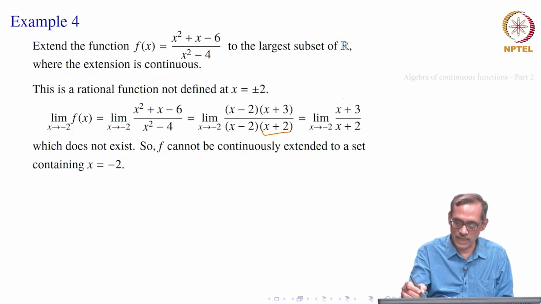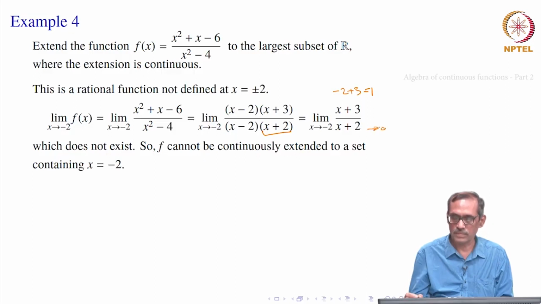So, we see that as x goes to minus 2, the numerator remains near minus 2 plus 3 which is equal to 1, but the denominator is really near 0. So, this limit does not exist because it becomes 1 by 0 of course, but it becomes larger, that is what it says. Where is it larger?